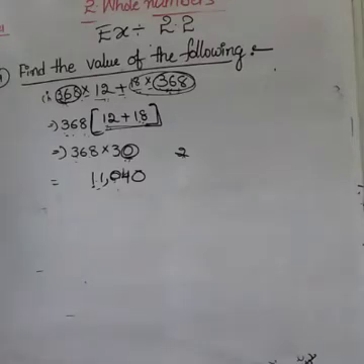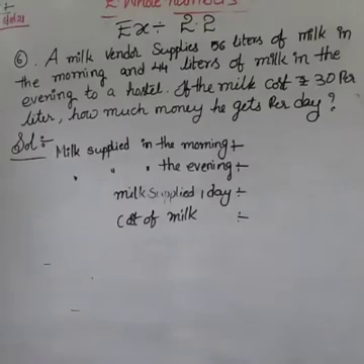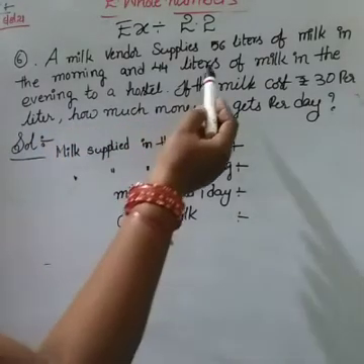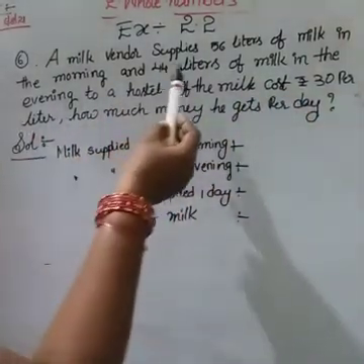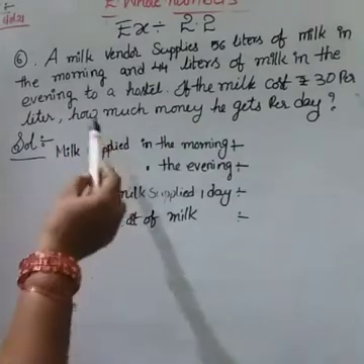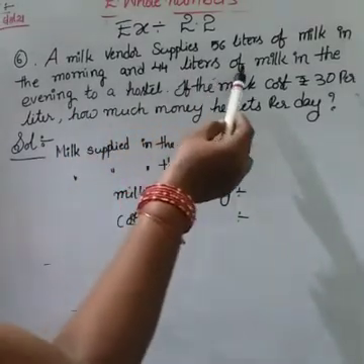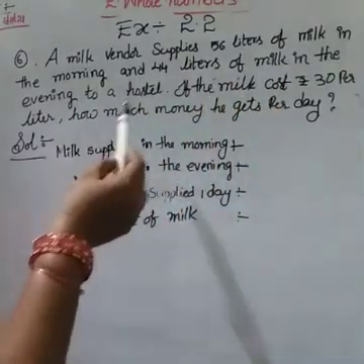Now, problem solving. A milk vendor supplies 56 liters of milk in the morning and 44 liters of milk in the evening to a hostel.